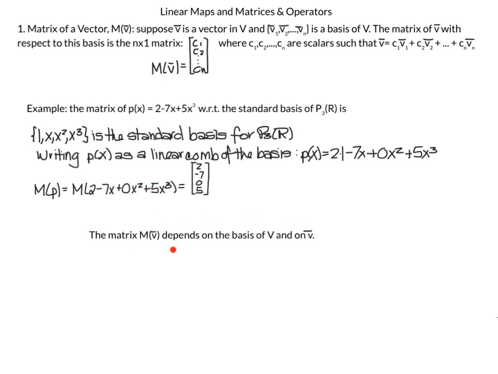And one thing to notice is that this matrix depends on the basis of V. A vector space can have many different bases. Bases aren't necessarily unique. The dimension of the bases is unique, but not the bases. So for a different basis of V, you'll have different coordinates.